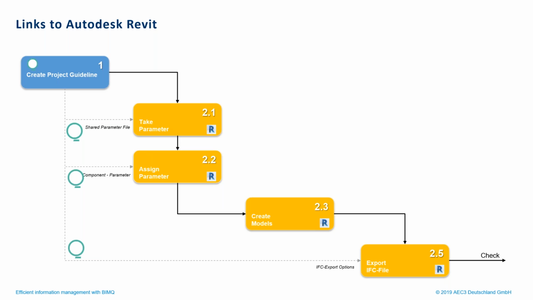One option is the shared parameter file, and another option is the component parameter file. And this component parameter file is especially needed for the EIR editor, which is a plugin for Revit. And then the model is created in Revit, and all the attributes are added to the elements. And in the end, the Revit model can be exported as an IFC file.